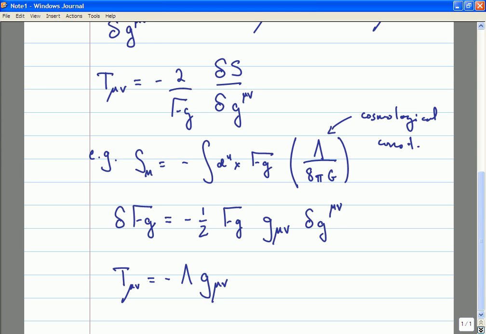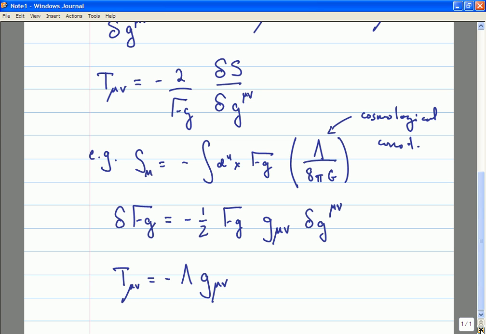Or one can indeed consider cases where lambda is negative, in which case the cosmological constant would describe some matter with negative energy and positive pressure. And the cosmological constant is something that we will return to later on in our discussion of cosmology, and we'll discuss both the theoretical and observational evidence for a cosmological constant.